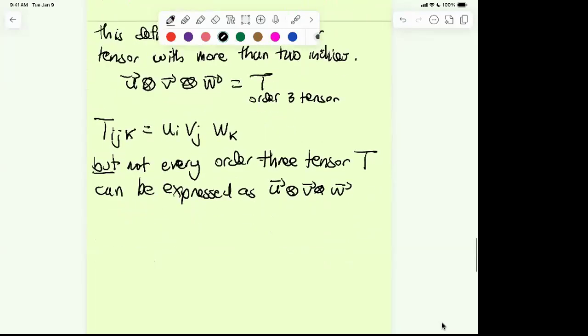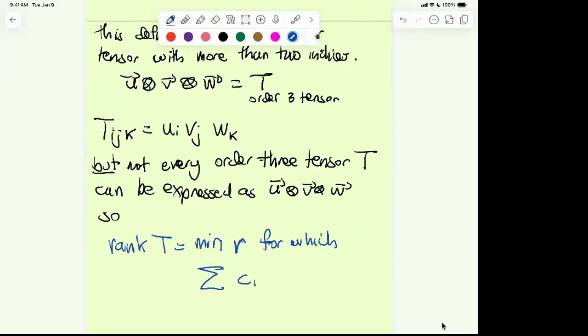So the rank of T is the minimum R needed for which T is a combination of, let's use the letter L, UL tensor VL tensor WL.